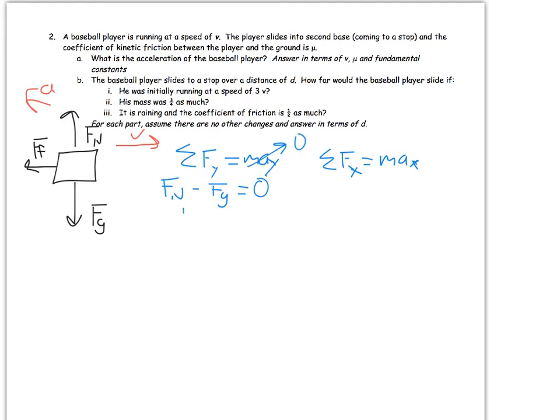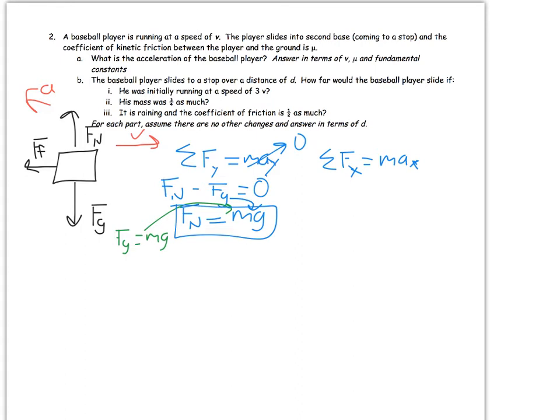And so I can say that my normal force is equal to Fg, which is really just mg. So I'm substituting in for the force of gravity. I know that my force of gravity is always equal to mg. Okay, so I know that the normal force is equal to mg.